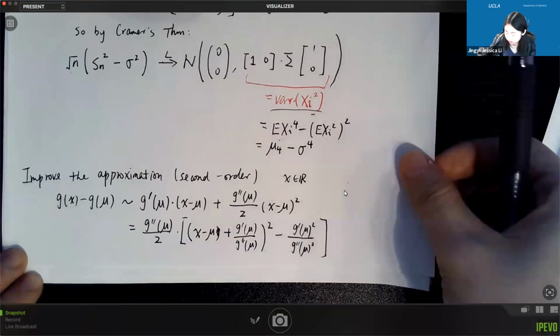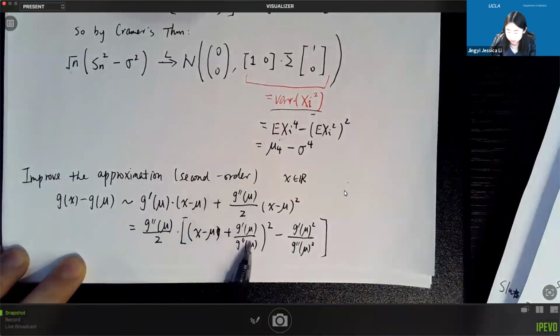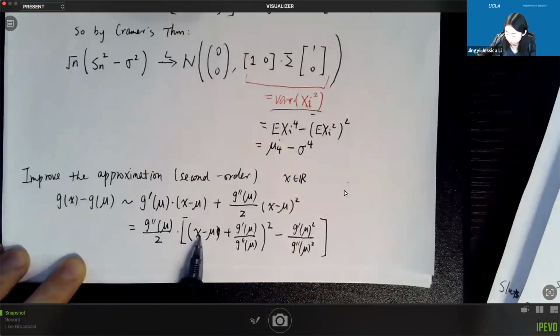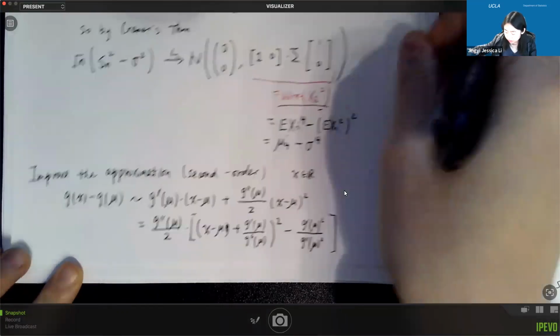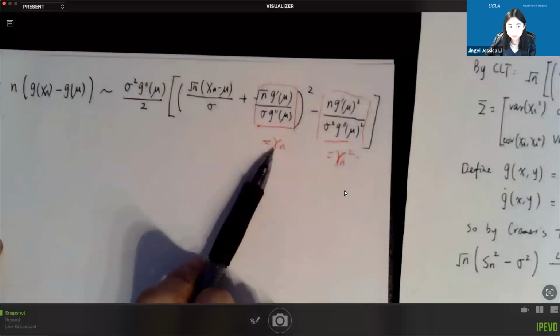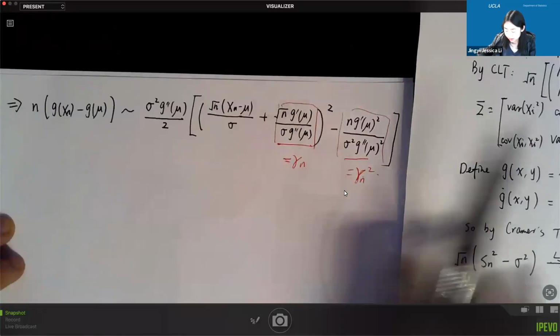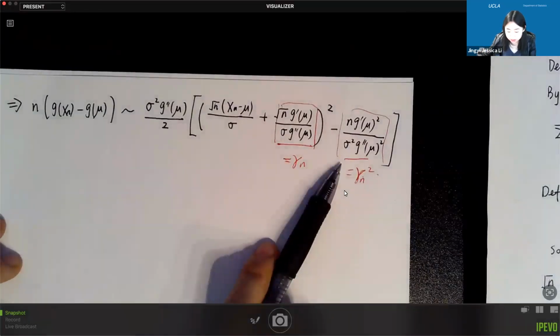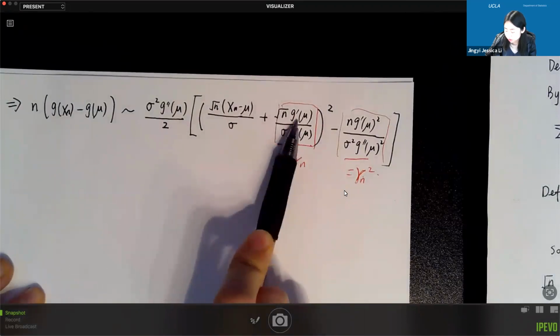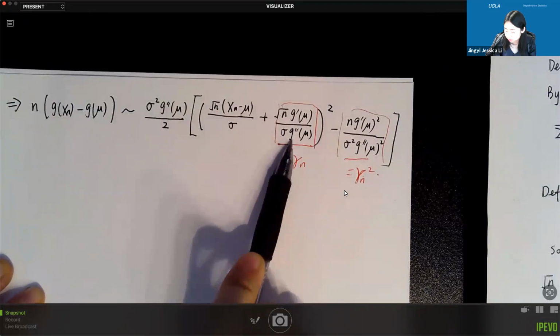Furthermore, it's very interesting that once we do the combination, we would be able to use this formula, which is right here. What's interesting about this is that we can consider this as a constant: root n times g prime mu over sigma times g double prime mu.